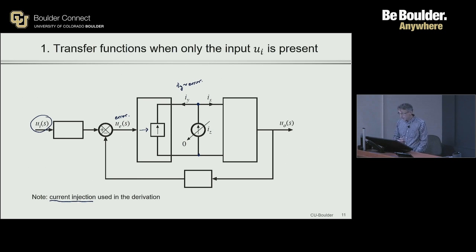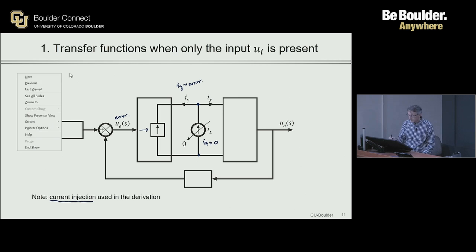Okay. The setup for the transfer functions when the input UI is present is that IZ is simply equal to 0. There is no injection. Okay? So what do we say then? The output over input under the condition that IZ is equal to 0 is what?